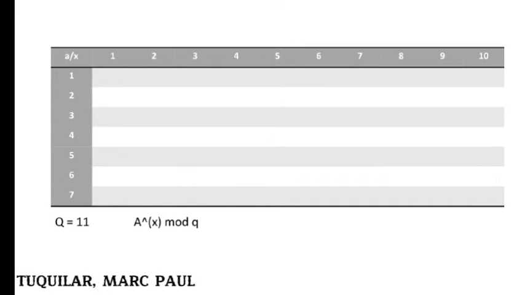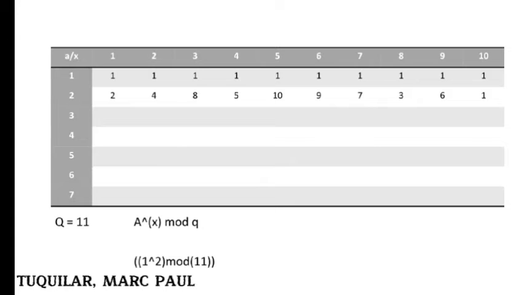The first formula will look like this: 1 raised to 1 mod 11. So 1 raised to 1 is the first bracket, and then this whole thing is modded with 11. Then this exponent will change to 2, then 3, then 4, until 10. When you raise 1 to 1, all of this is going to be 1.